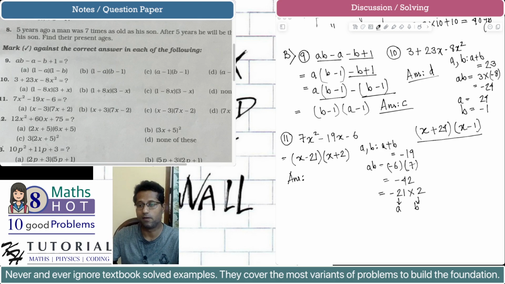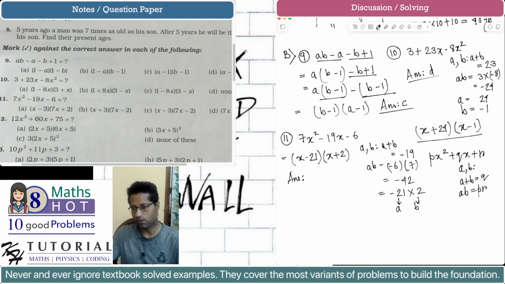Whenever you have a quadratic trinomial of the form px square plus qx plus r, then you have to find the constants a and b such that a plus b is equal to q and a multiplied by b is equal to pr.